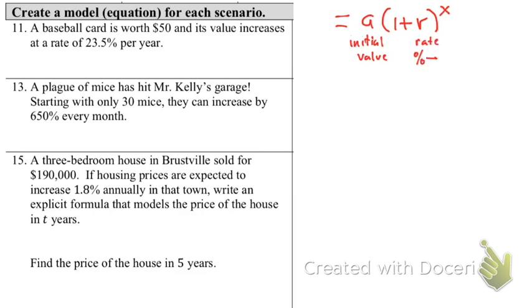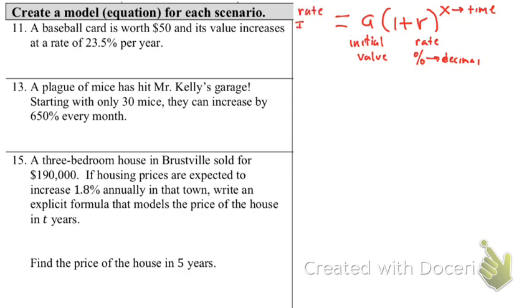Remember, it's a percentage that we want to convert to a decimal. And X stands for time. Time can be in years, months, quarters, seconds, whatever time they tell you in the problem, that's where you're going to put your time. And this is for rate increase.